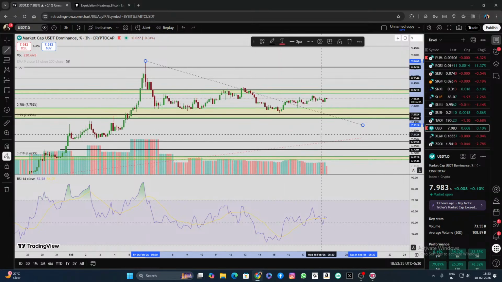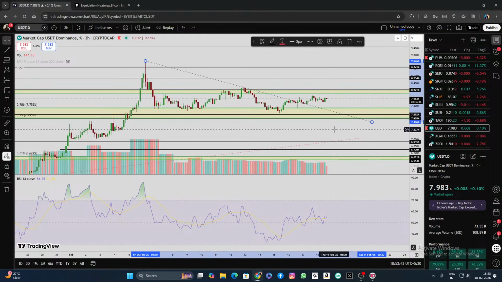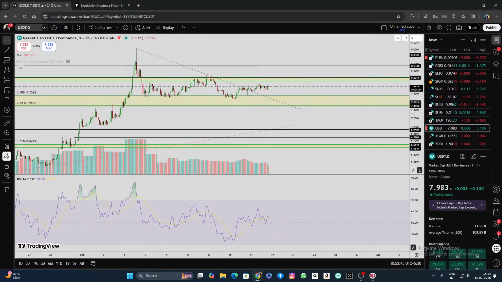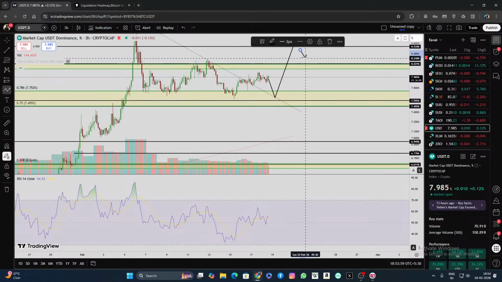Even if USD dominance pumps, it has to retest, I think, below, because the breakout from there is not that strong. So I'm expecting dominance to dump a bit around here, then pump. Retest, then pump.